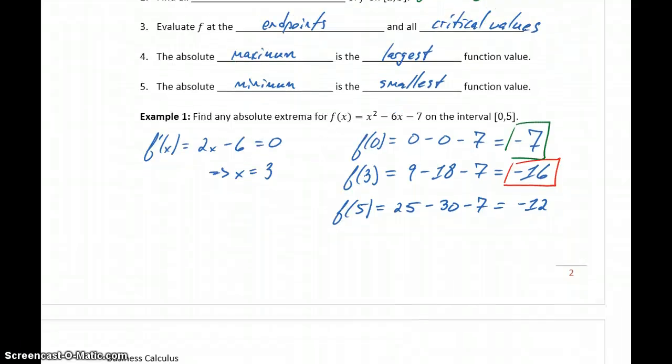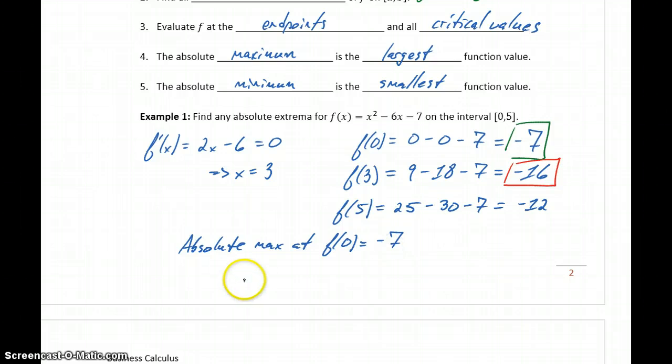So in this case, our function f of x has an absolute maximum at f of 0, and that function value specifically is going to be negative 7, and it has an absolute minimum at f of 3, and specifically that function value will be negative 16.